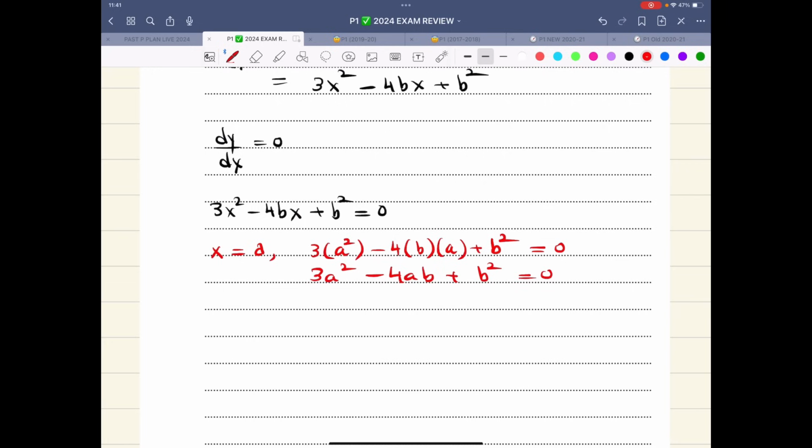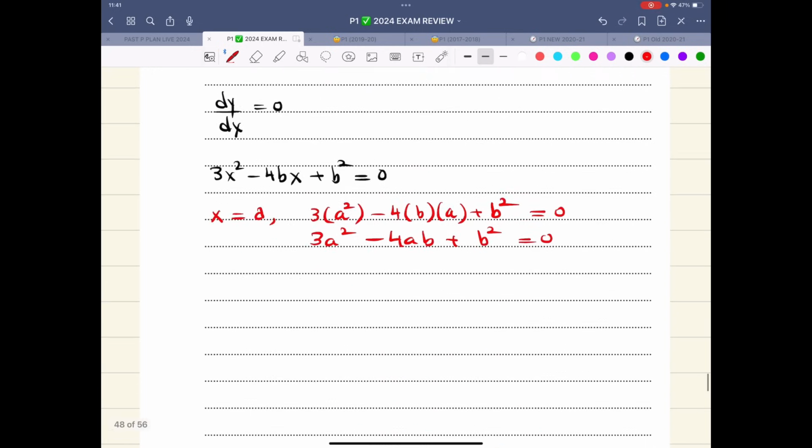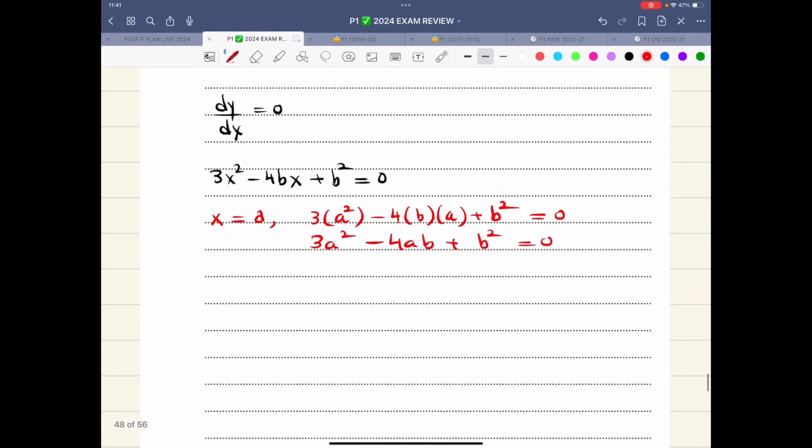So now we have to show that b equals 3a. Can we factorize? This looks like middle term factorization to me. So 3a squared into b squared is 3a squared b squared.